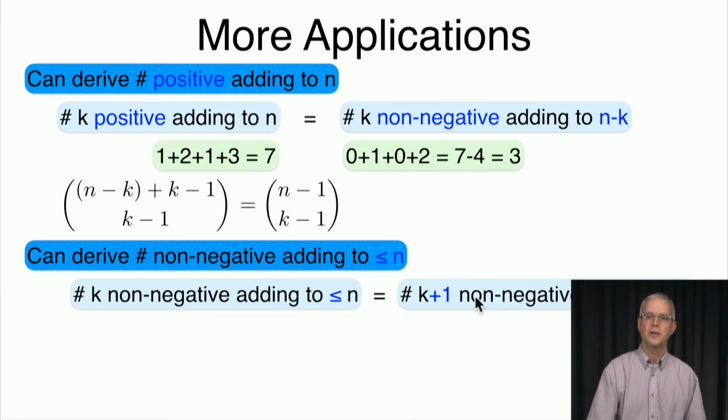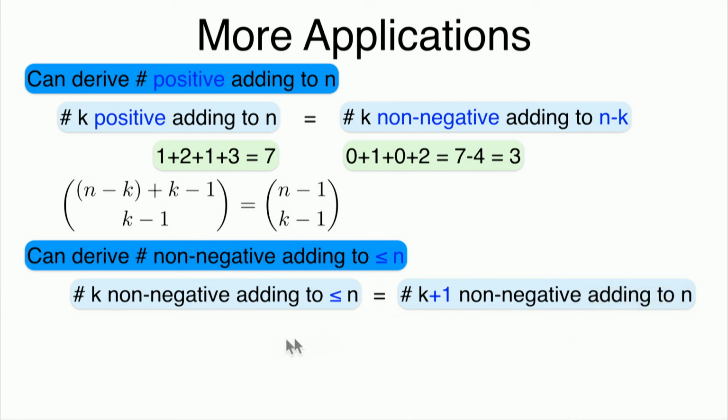To see that, notice that if we have a sum of 3 terms that add to less than or equal to 7, like 2 plus 0 plus 3, which adds to 5, then we can map it to a sum that adds to exactly 7 by adding a number which is at least 0. It will be 0 if the numbers added to 7 initially.